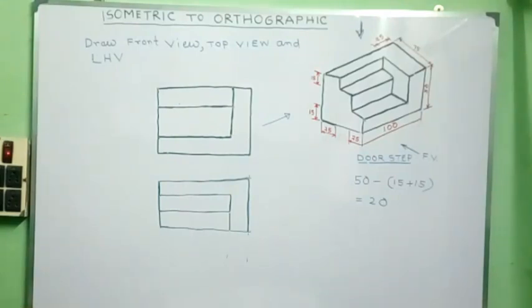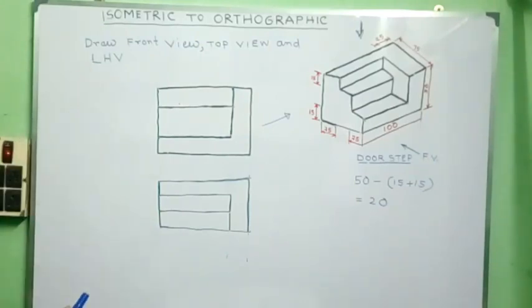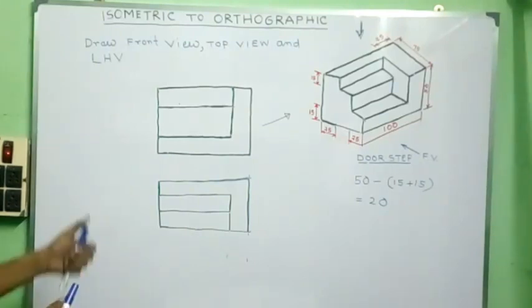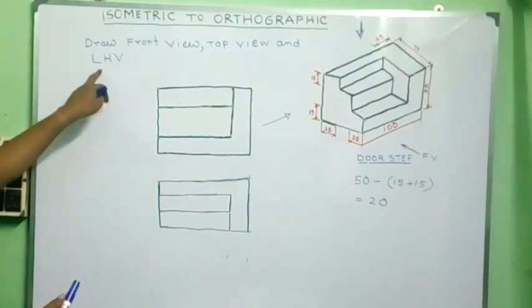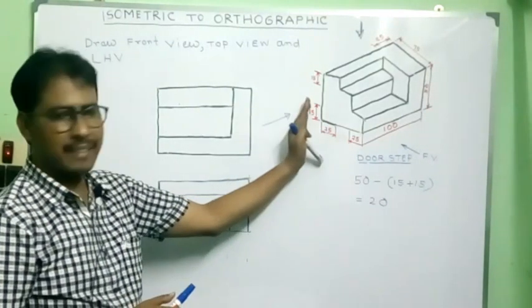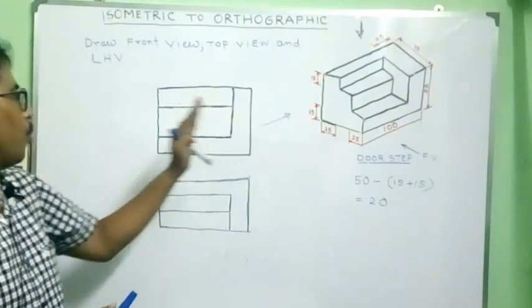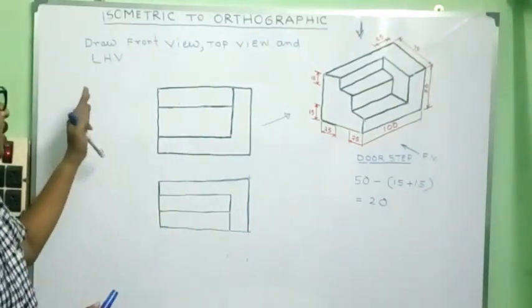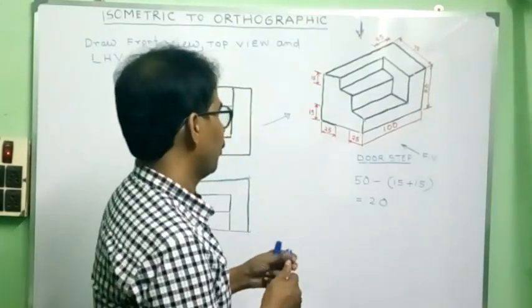Now we draw the left hand view. Okay. Here we know the left hand view is placed on the right side. There is no space, so we can draw the right hand view.